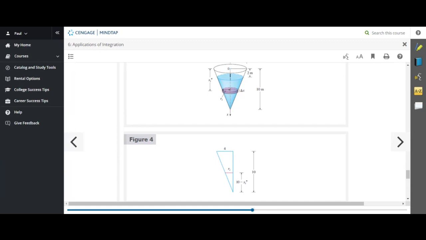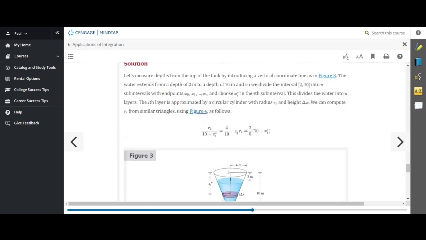So based on similar triangles, the radius r sub i divided by 10 minus x sub i is equal to 4 over 10.